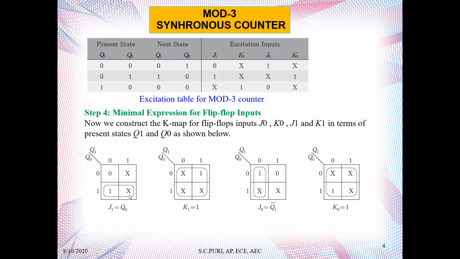So you just make a pair over here and you get J1 is equal to Q0. Similarly, you can get this for K1, J0, K0, and finally what we get is J1 is equal to Q0, K1 is equal to 1, J0 is equal to Q1 bar, and K0 is equal to 1.